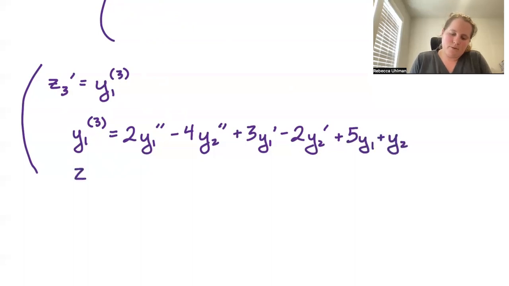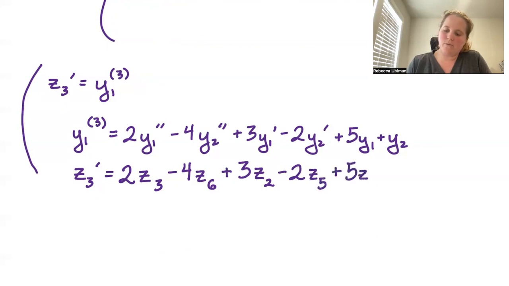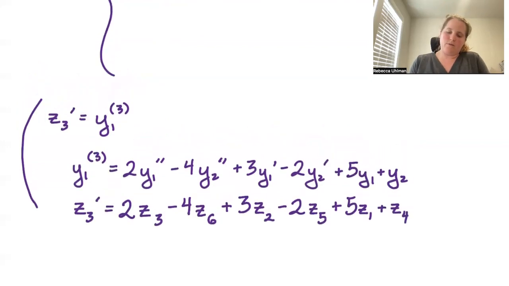And so we get z3 prime is equal to, y1 double prime was our z3, sorry, so we have 2 times z3. Y2 double prime was our z6, so minus 4z6. Then plus 3, y1 prime was z2, so plus 3 times z2. Minus 2, y2 prime was z5, so minus 2z5. And we have plus 5z1 plus z4.